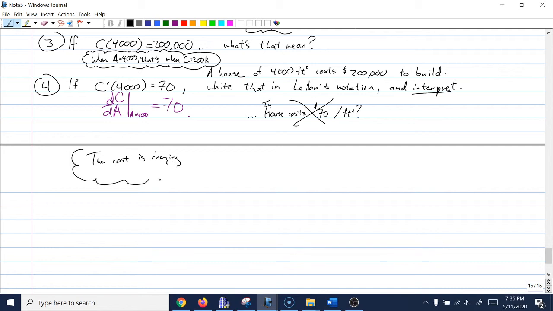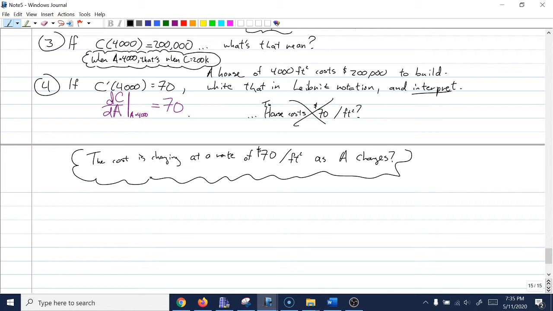This is still not a good sentence. At a rate of $70 per square foot, as A changes. Something like that. When you change the A value, the C value should change also. How should the C value change? It should change at a rate of about $70 per square foot.